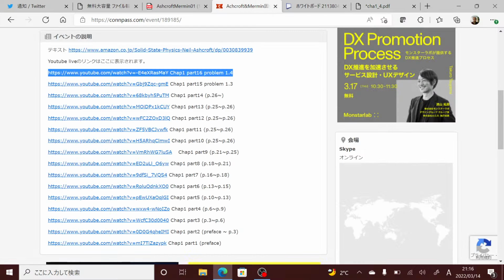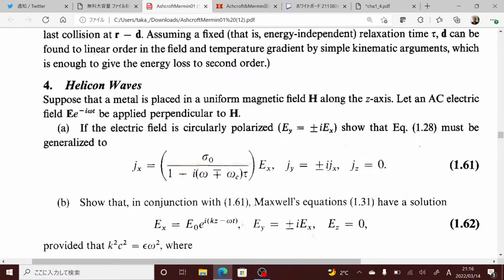Then the AC electric field, if the electric field is circularly polarized, show that, then what is the J?